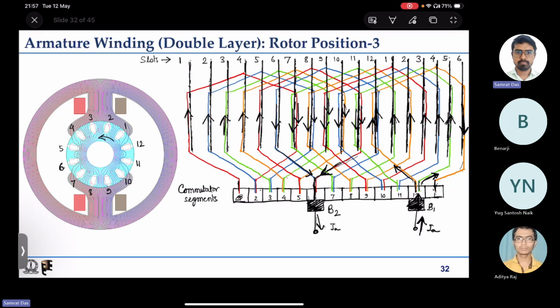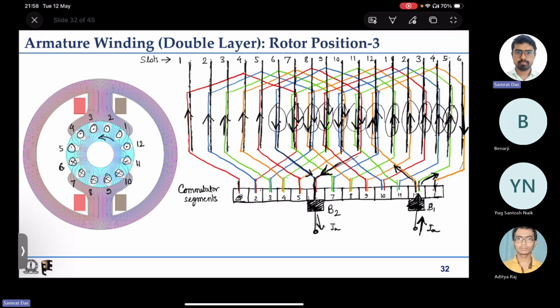Right? So you can see that for this case, slot number 12 is also carrying current in the upward direction. So 12, 1, 2, 3, 4, 5, they are carrying current in the upward direction, say dot, and 11, 10, 9, 8, 7, 6, they are carrying current in the opposite direction, the downward direction.